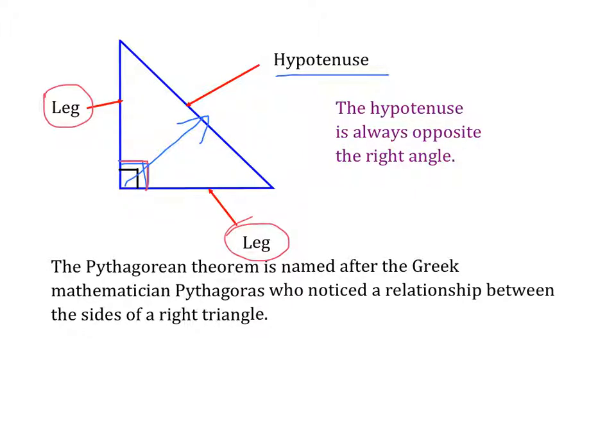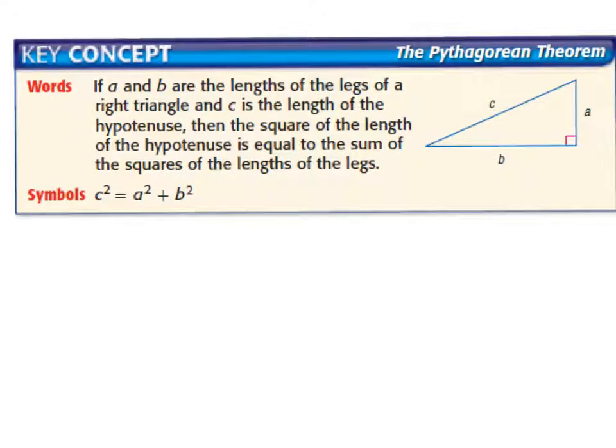And for those who really want to understand or know about the Pythagorean theorem, it was named after a Greek mathematician, Pythagoras. And he just noticed the relationship between the sides of a right triangle. So what does this say?